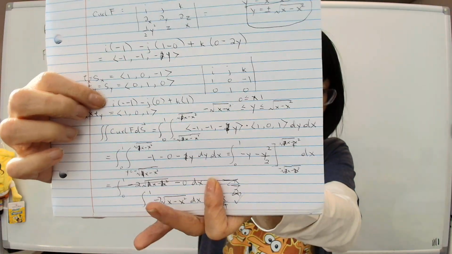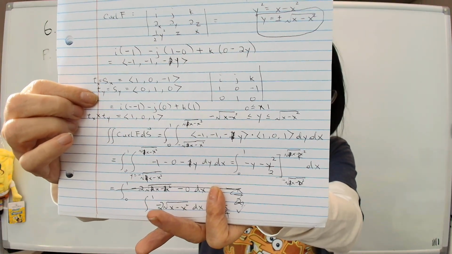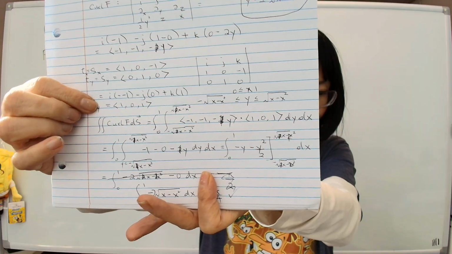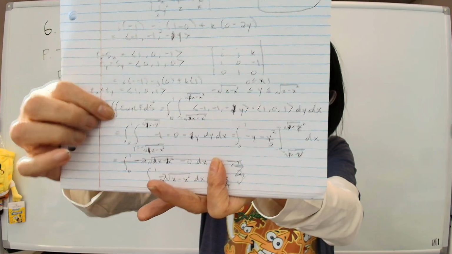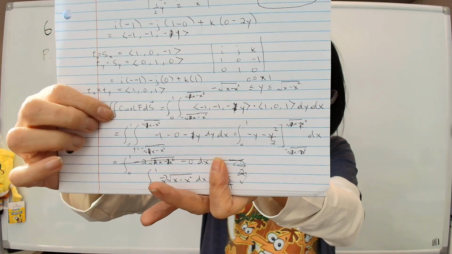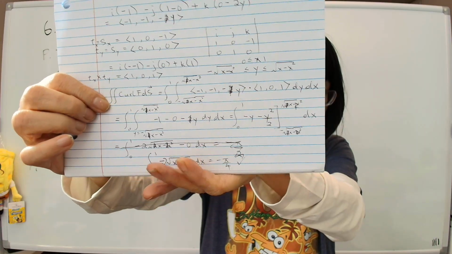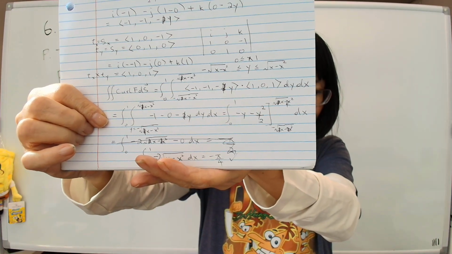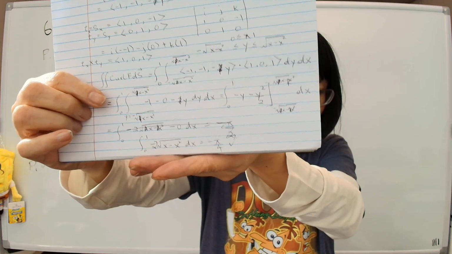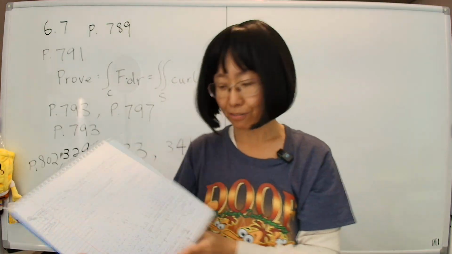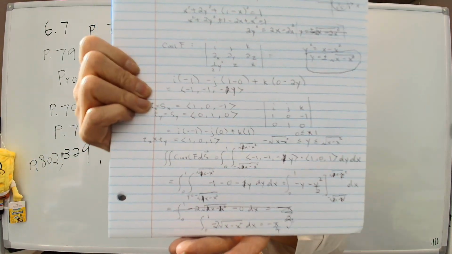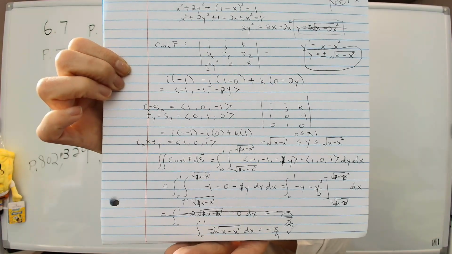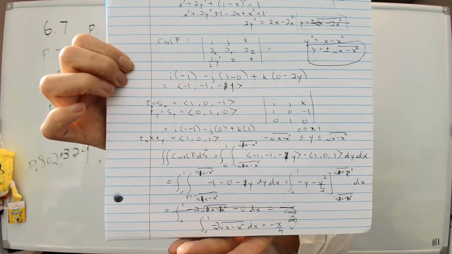So Tx and Ty is some kind of numbers, and then the cross product is 1, 0, 1, and then you dot the curl F with the cross product, and then do the integration. Okay, remember the integration is x minus x squared, and eventually you get the same answer of minus pi over 4.